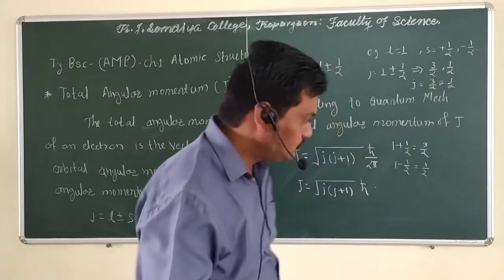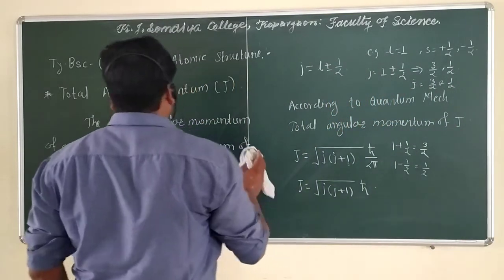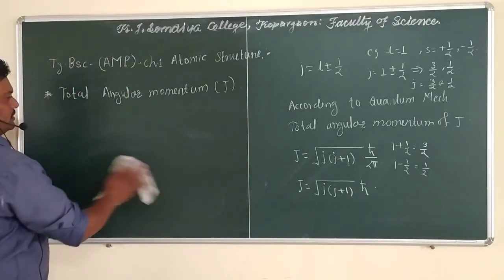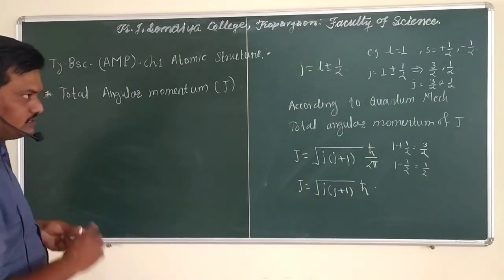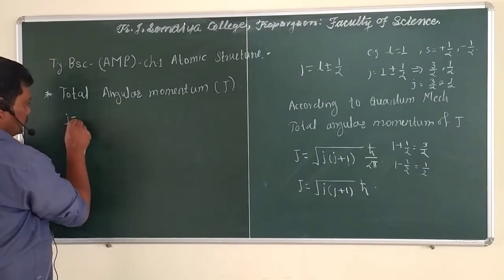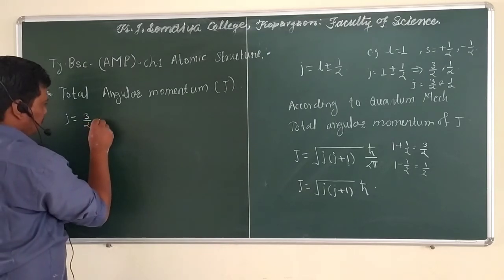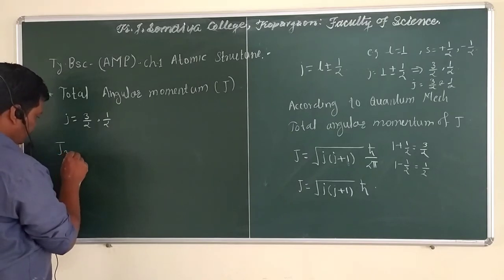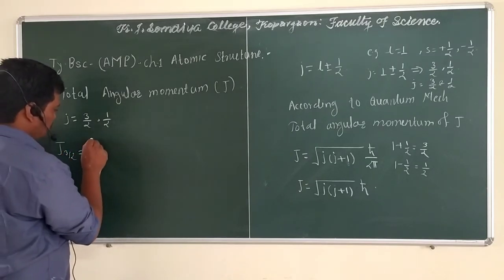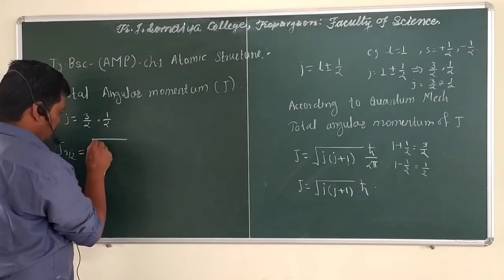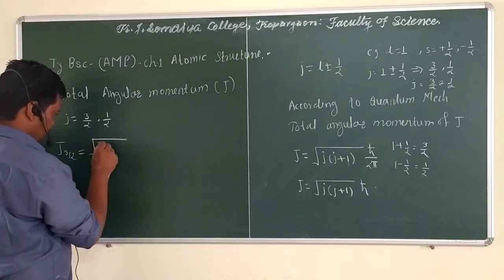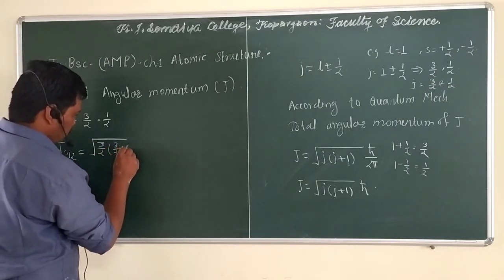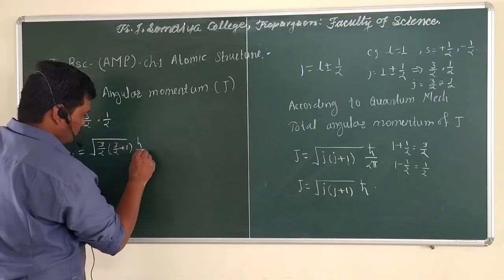If we calculate the total angular momentum for those j values, for small j equal to 3 by 2, J is equal to under root of j into j plus 1 into h upon 2 pi.